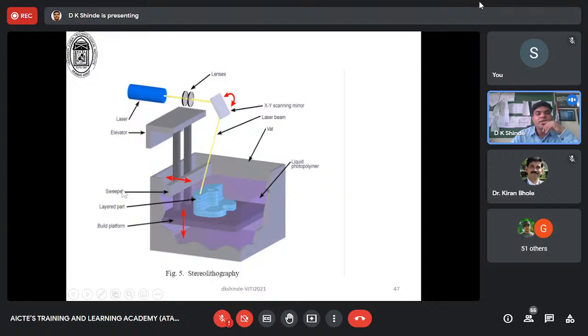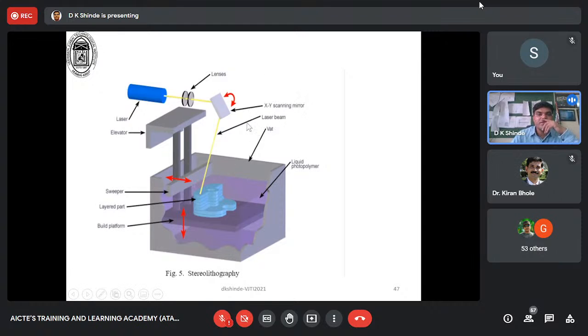This is a shape, and this is how it will be coming from your nozzle, and then once it is deposited, to quickly cure it we need to use a laser or maybe some other UV light, and you can deposit another layer, and that's how you can save time and material wastage very easily. So the liquid photopolymers are shown over here.